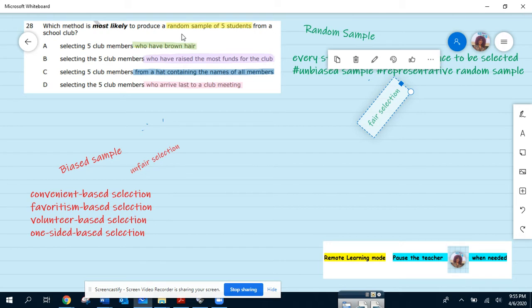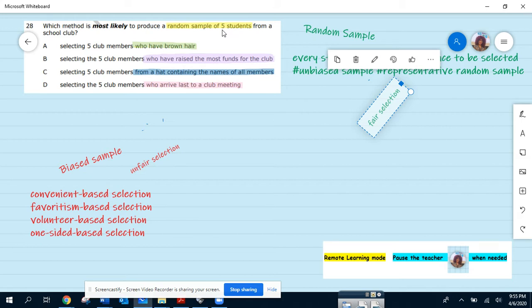Many times in real life, we need to find answers, and we can't interview all the members of a school club, for example. That's why we choose to select a sample of students, a small number of students that can provide a fair, accurate and unbiased answer.